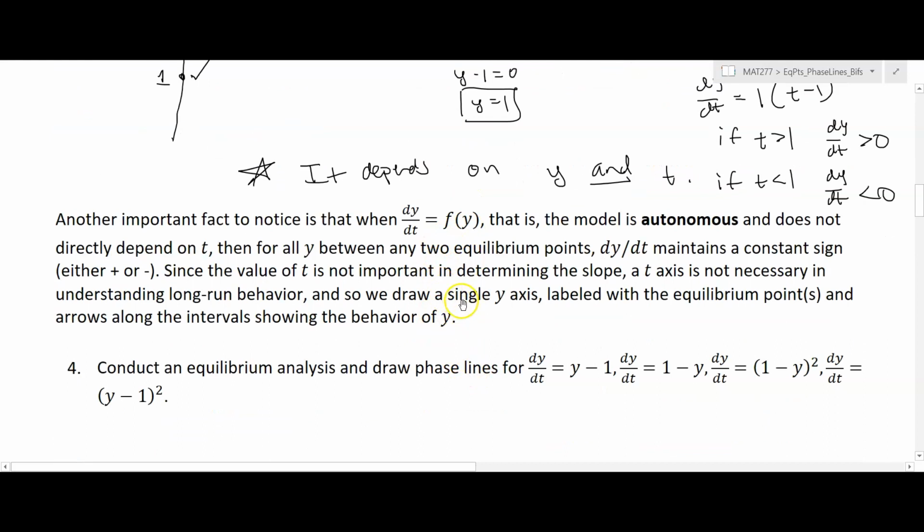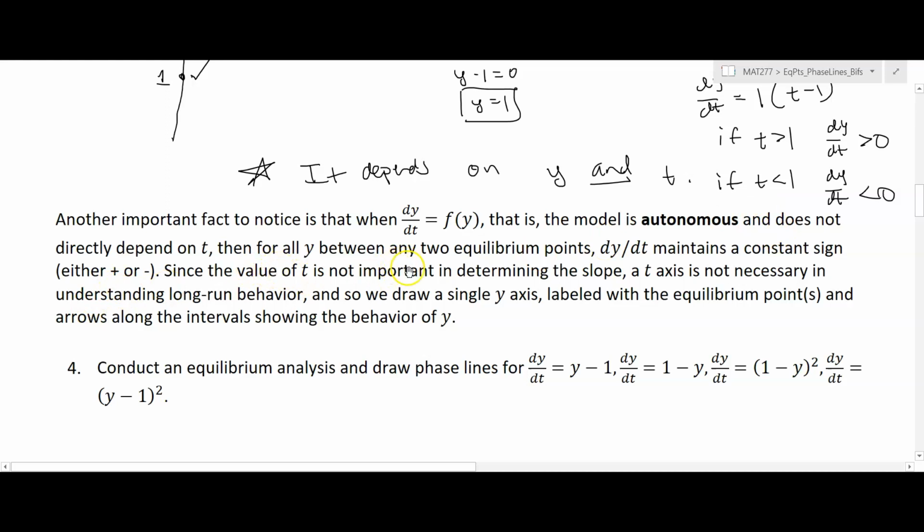So another important fact to notice is that when dy/dt is only a function of y, the model is called autonomous. Remember, that just means that the rate of y depends only on y, like automatic, autonomous, autoimmune, etc., and does not directly depend on t.